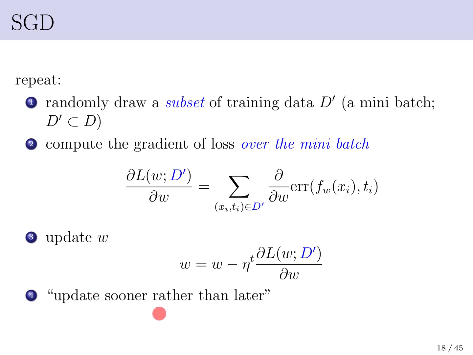In the original gradient descent, you update only after you process the whole data set. But in this case, you take a small subset of the entire data set at a time, so you update W with only the loss value computed with respect to the mini batch.